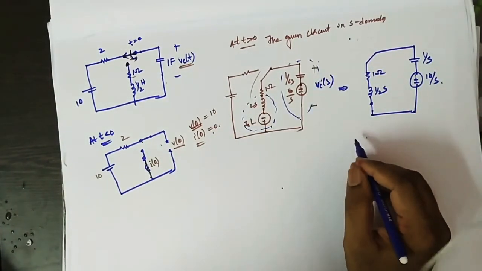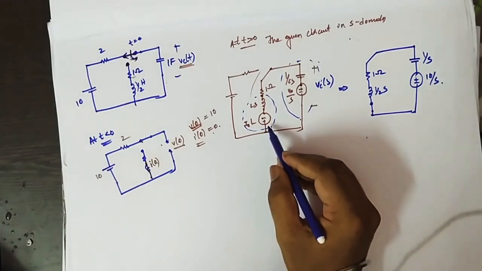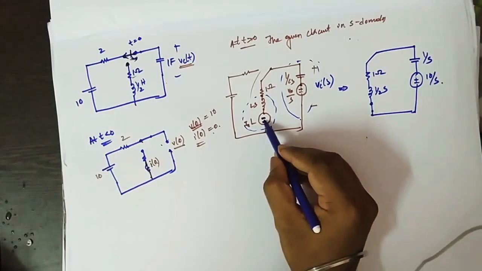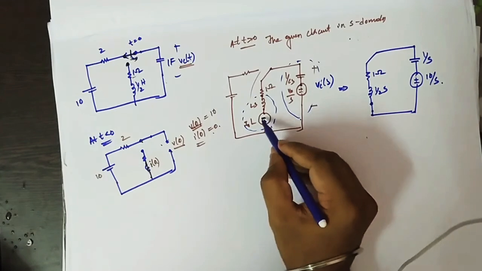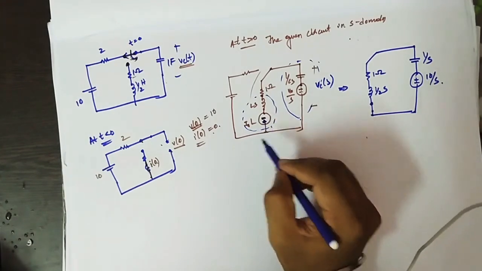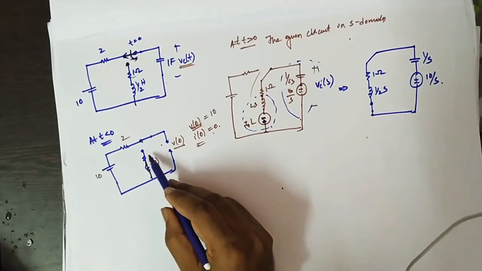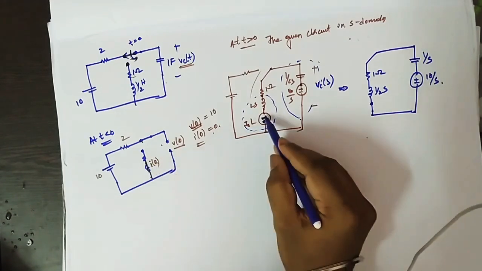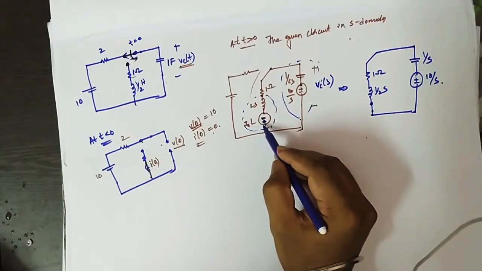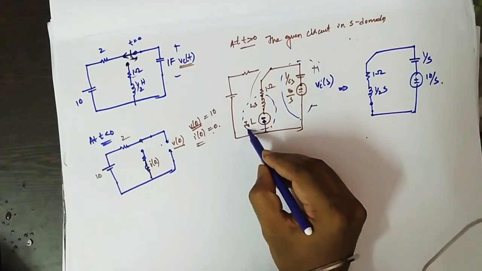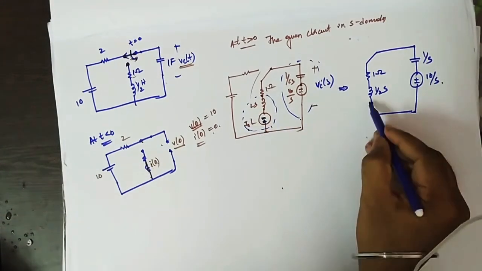I want to make one point here. Many of your friends ask me doubts on how to represent these terminals, minus or plus here. Since initially no current is flowing here, it is no problem if you swap the plus terminal and negative terminal. Why? Because if the initial current is 0, this term will get shorted.